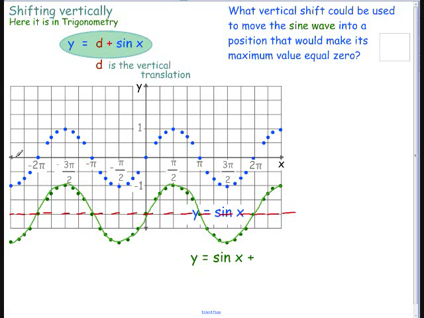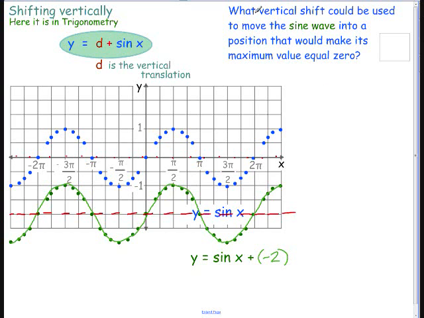It was up here for our parent graph, right on the x-axis. That was the central axis of the sinusoid. So this is going to be now called y equals sine x plus, let me see, this is a -1, this is a -2, so plus a -2.